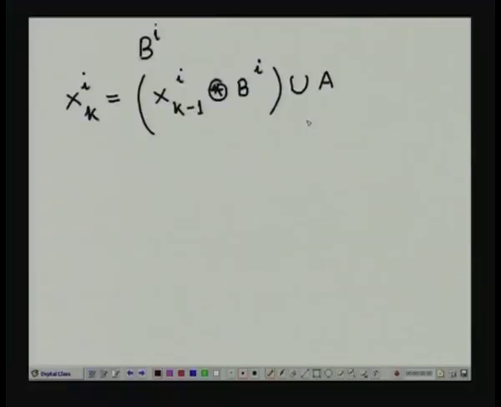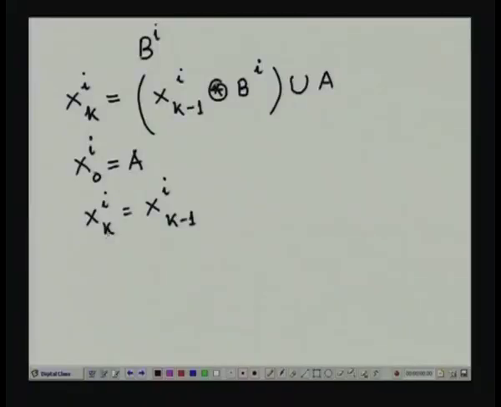And in this iterative algorithm, what is our initial condition? The initial condition is x 0 I is equal to our original point set A. Now, again as before, this iterative algorithm with each of the structuring elements will converge when we find that x k I is equal to x k minus 1 I. That is, in 2 subsequent iterations, the output does not change.